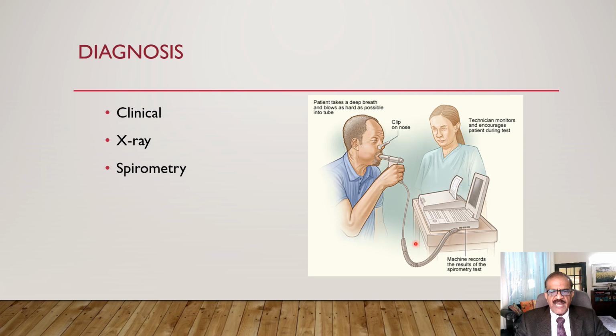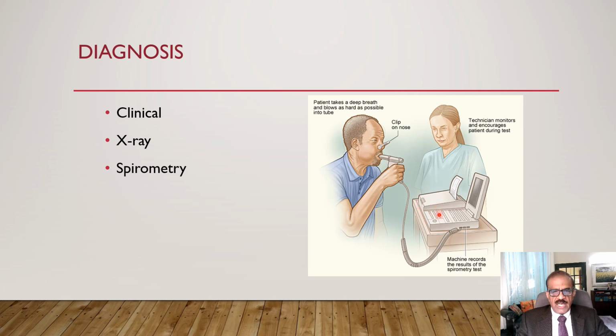Previously it used to be mechanical, and this machine senses how much pressure one can generate and how much air one takes in and pushes out. There are some instructions given by either the operator or on the monitor. The patient does that, and you usually see this clip applied to the nose so that the air is measured from the mouth. So this is the spirometry.